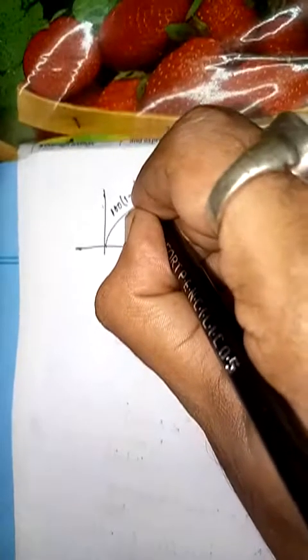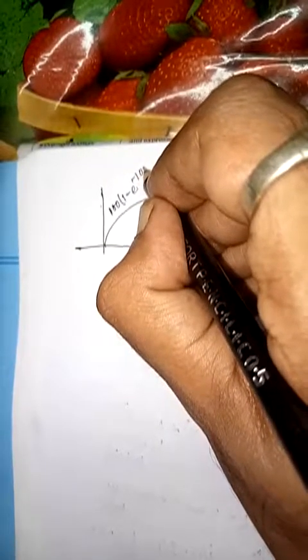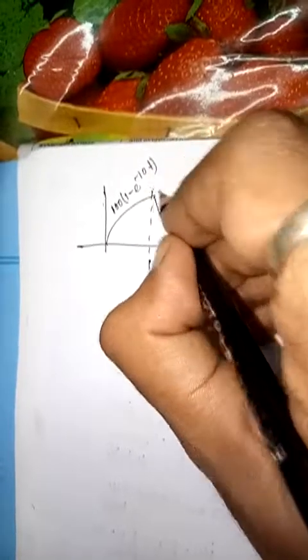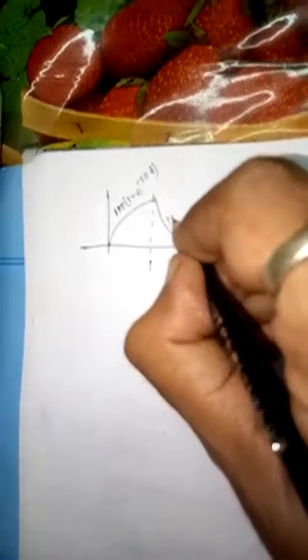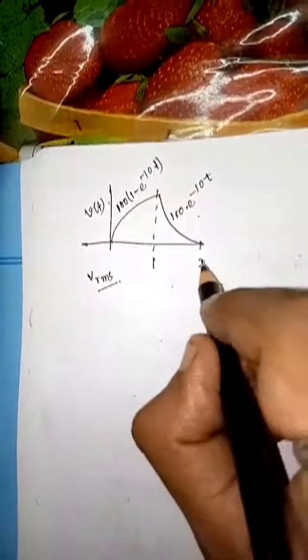They are saying this is 100(1 - e to the power minus 10t), and this is 100 e to the power minus 10t. These two signals are given. Now they just want to know what is Vrms of V(t), over period T.